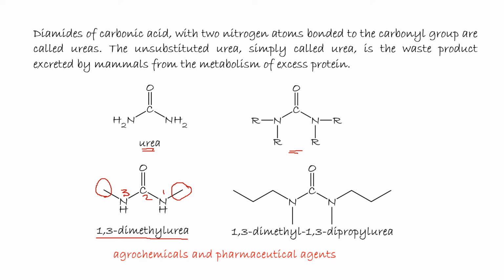And here, numbered 1, 2, 3, it's 1,3 dimethyl, 1,3 dipropyl urea. They are agrochemicals and pharmaceutical agents.